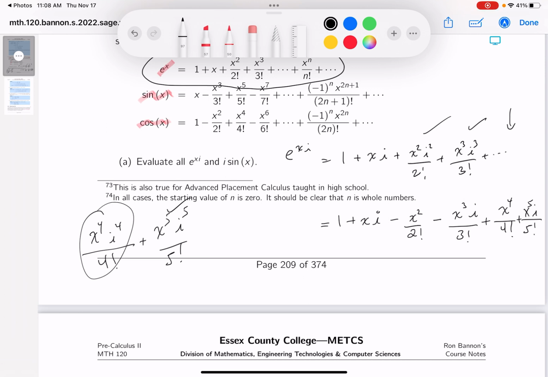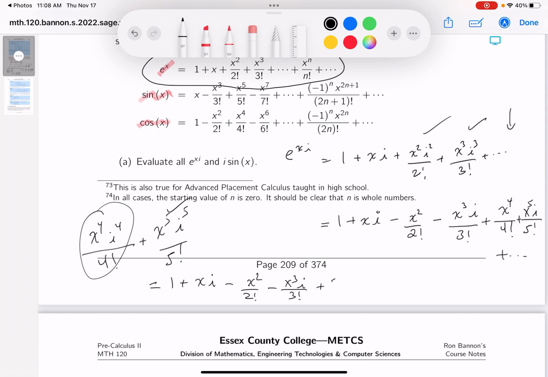So I think I've done enough that I have a general pattern, and I can write this down forever now. So it's going to be 1 plus xi minus x squared over 2 factorial minus x cubed i over 3 factorial.